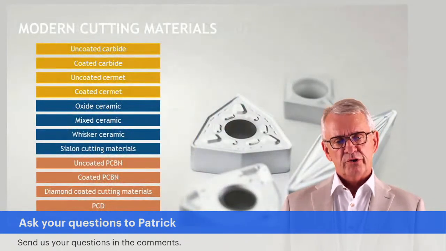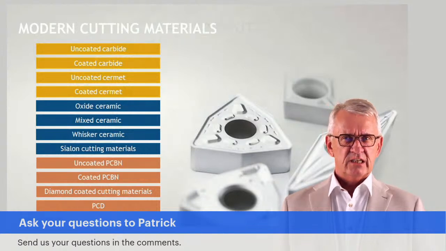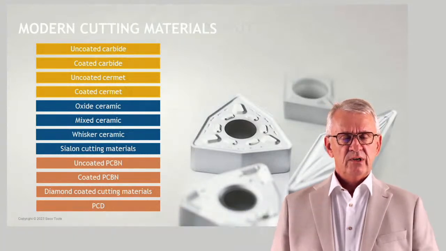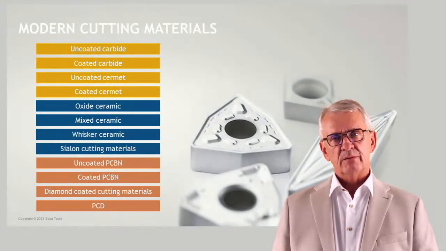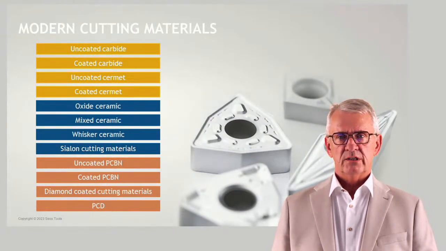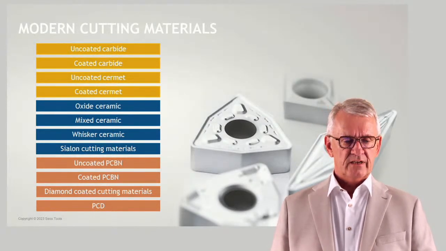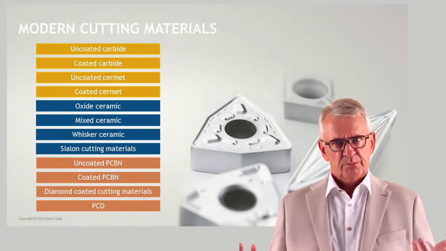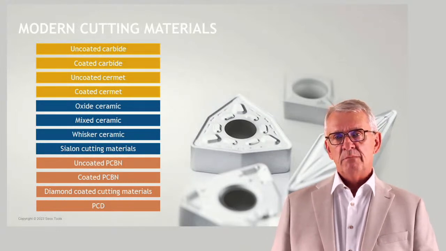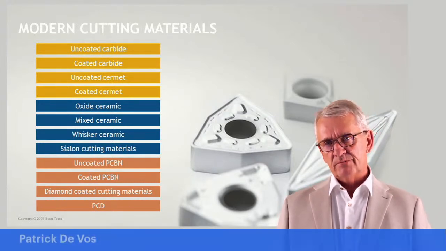And if we look at modern cutting materials, basically we can say that we have 3 big families. We have the family of the cemented carbides, uncoated, coated. Cermets belong to that family because a cermet is a cemented carbide with a specific composition. A second big family is the ceramics.